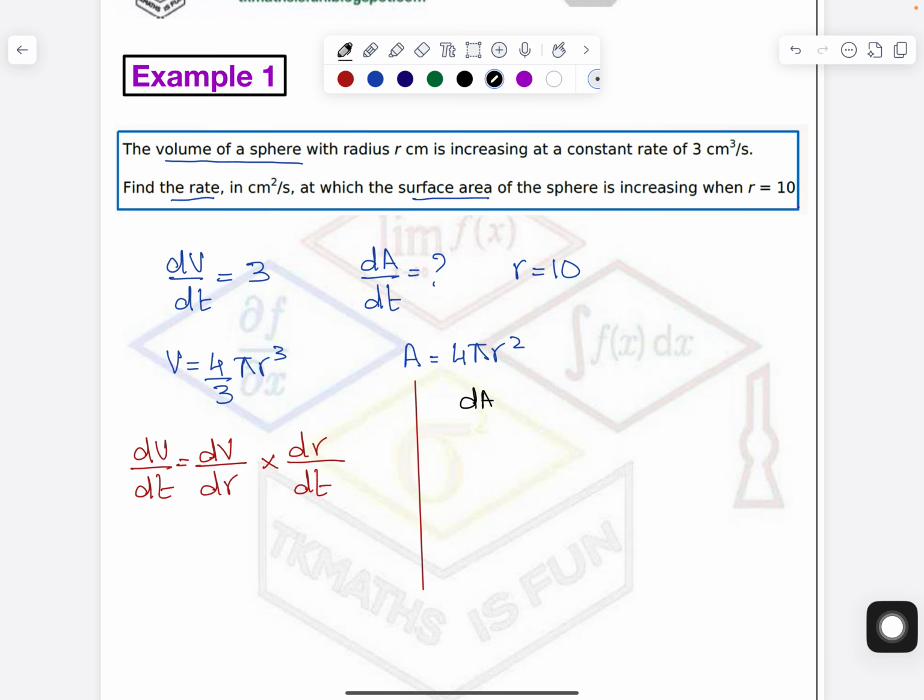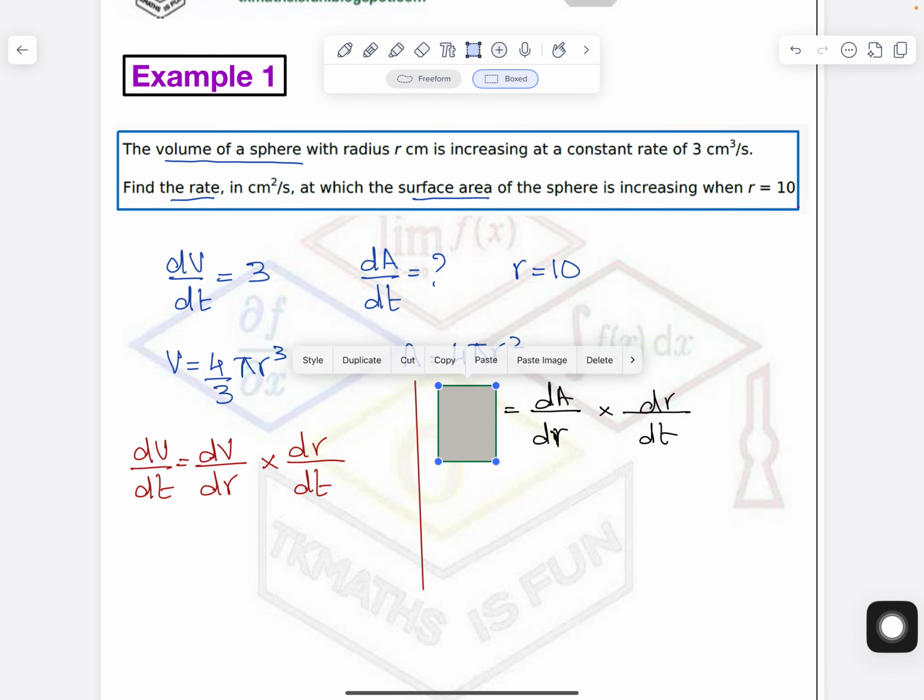Let's see that also here. dA over dt. It is also connected through r. Now I will start substituting the values given to me. I have to finally find out the answer of this. This is what is in the question. You can see it here.